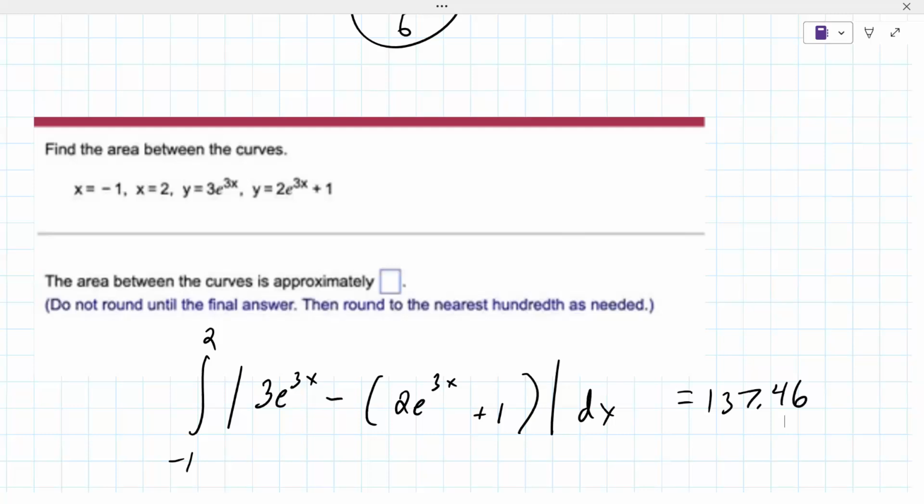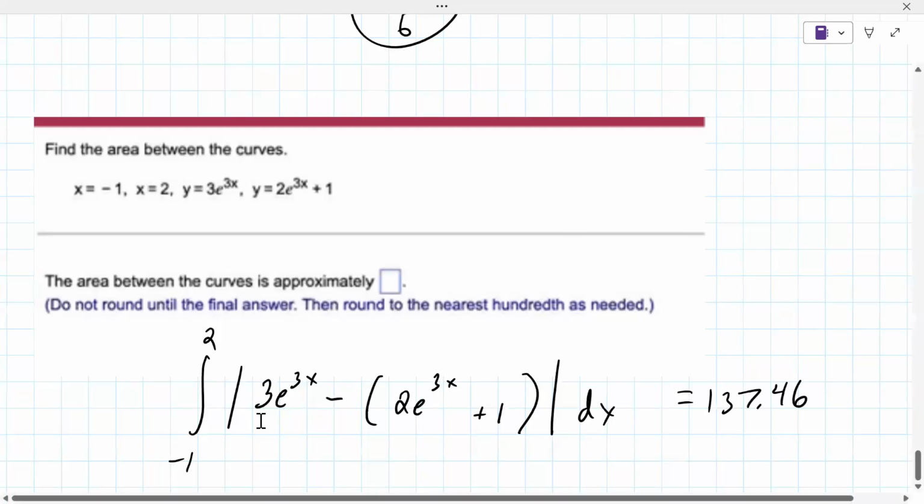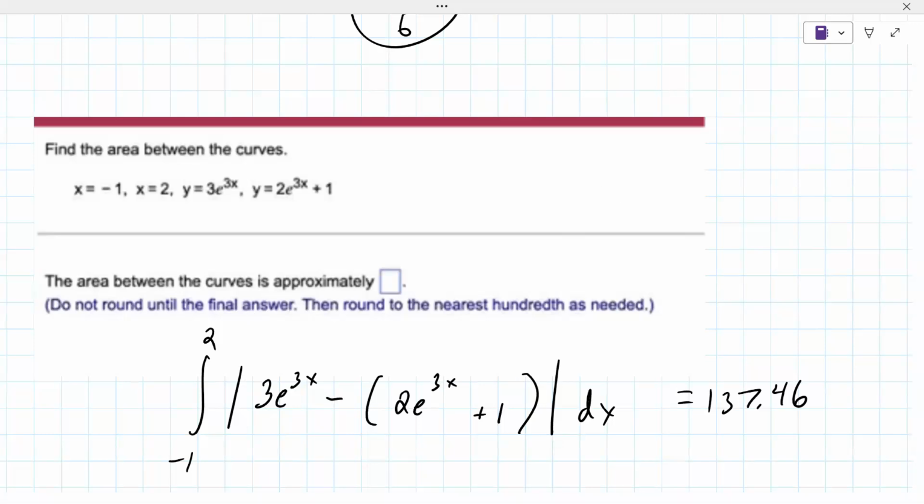I typed it in exactly how it's written, how you wrote it. I'm looking at it now, trying to see where the difference is. Do you have absolute value in yours?